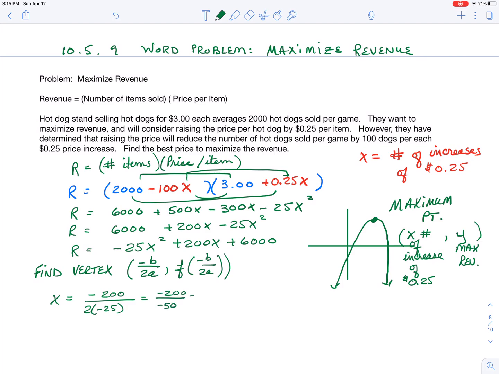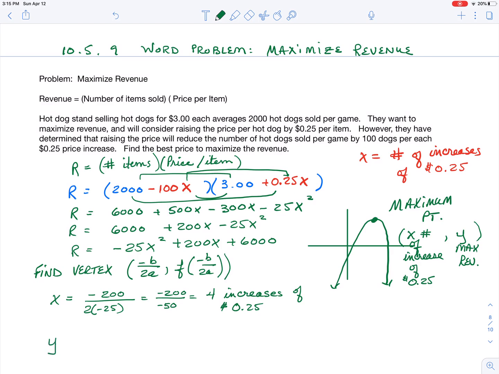And that looks like 4. So what does that mean? I'm going to need 4 increases of 25 cents per item.